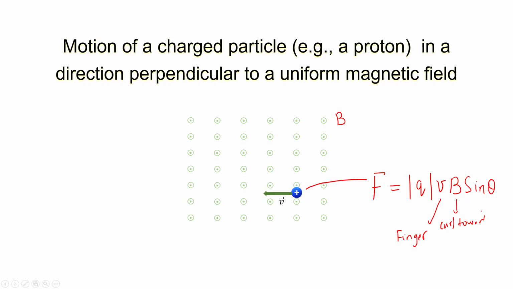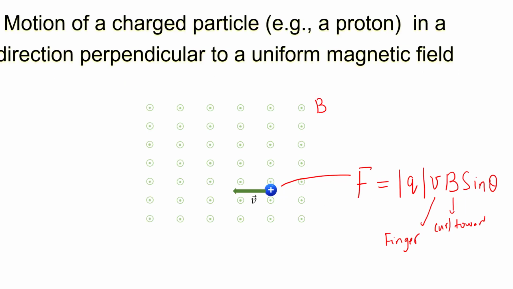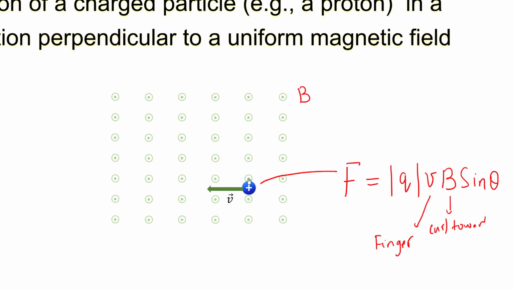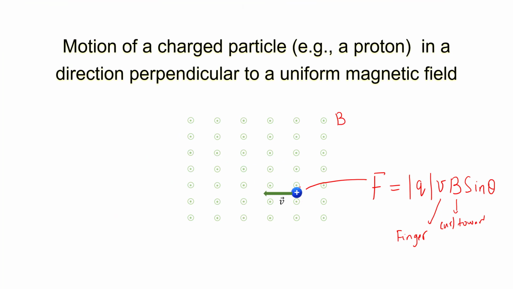So in this case, that's the magnetic field, it's coming out of the screen, and let's look from here. That's the velocity, that's the magnetic field. I curl towards the magnetic field, my thumb is pointing up. So the force on the proton would be up. So this will have force in the upward direction. Okay.